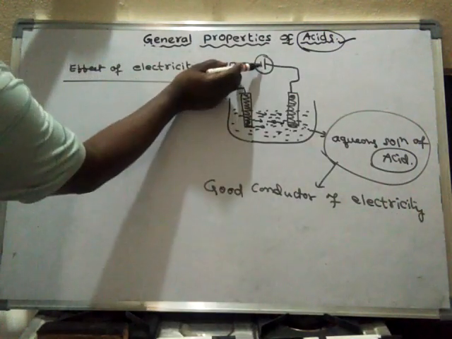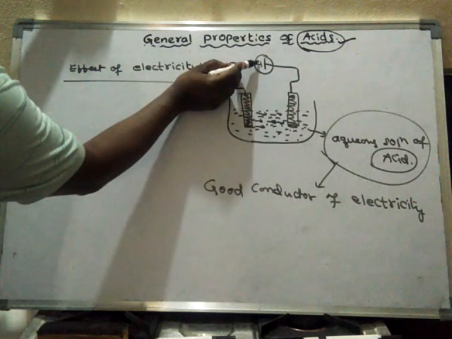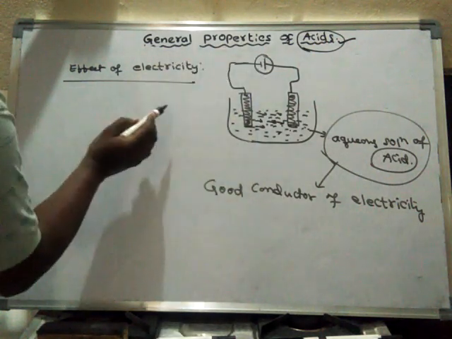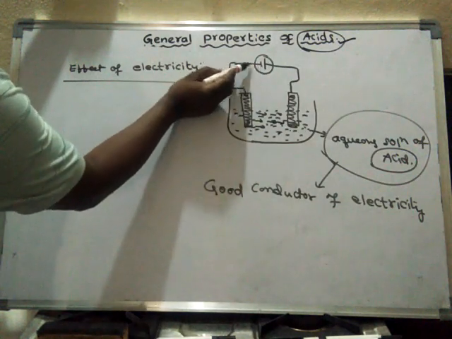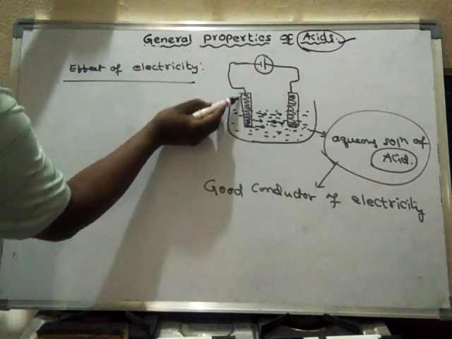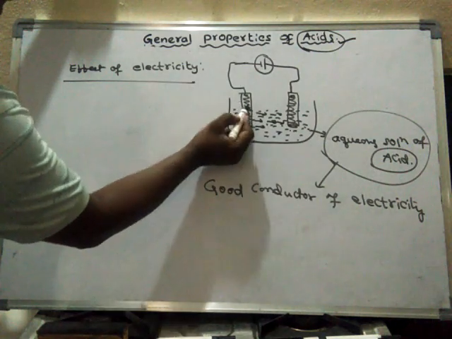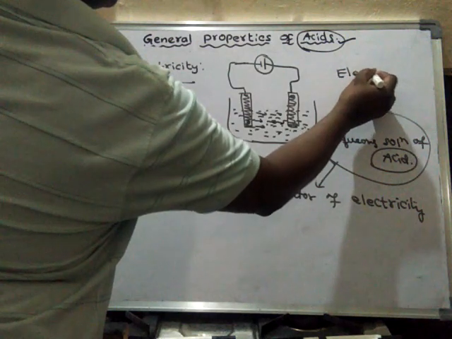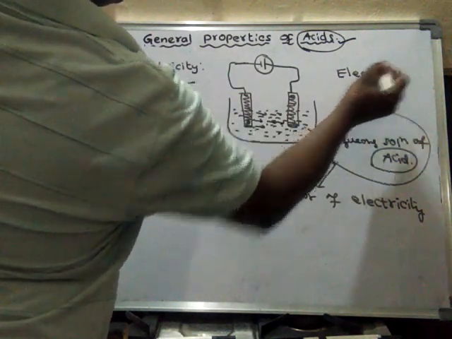This is known as the negative terminal, and this is called the positive terminal of the battery. The negative terminal is connected to an electrode. These are called electrodes.